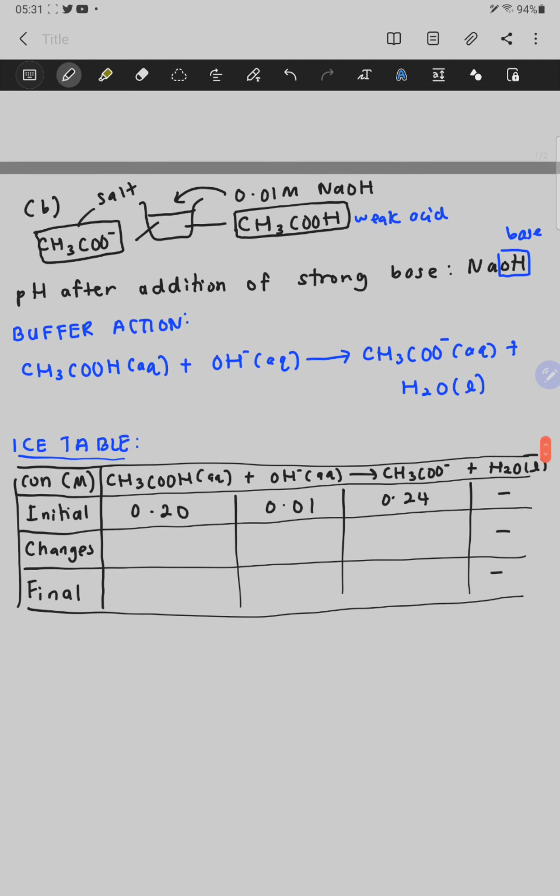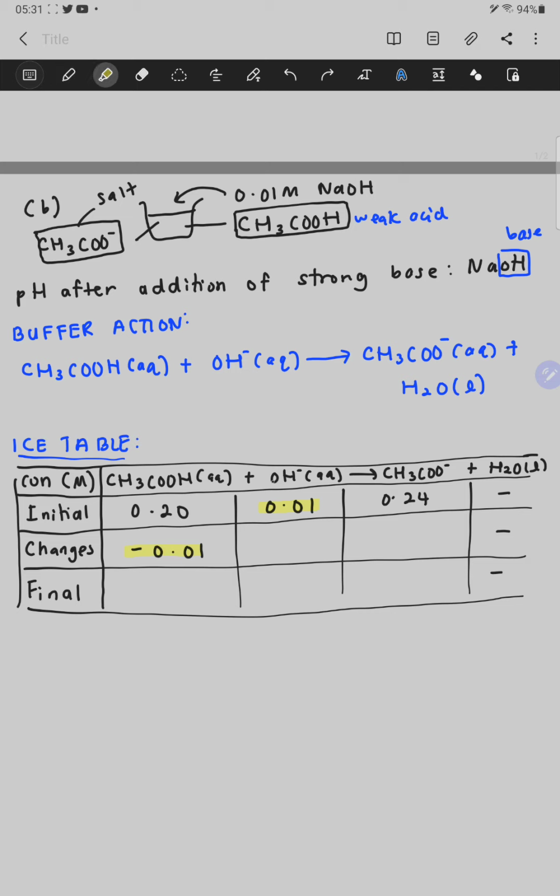Okay, so for changes, we will minus 0.01. Why do we minus 0.01? Because we want to neutralize all the OH- inside the buffer that we added earlier. So CH3COOH will lose 0.01 molar, following the concentration of OH- that you add into the buffer.